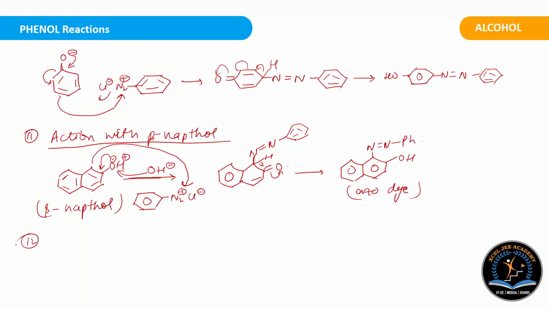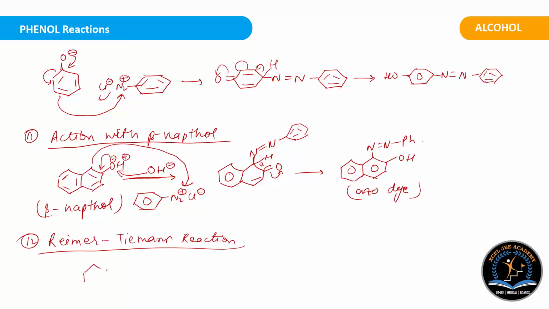Next one, that is the 12th. The 12th is referred to as the Reimer-Tiemann reaction. We have already covered this reaction in the chapter on chloroform, so this reaction is already completed.